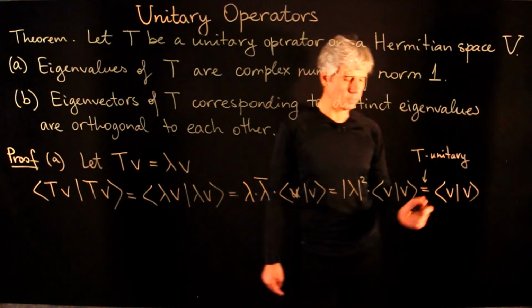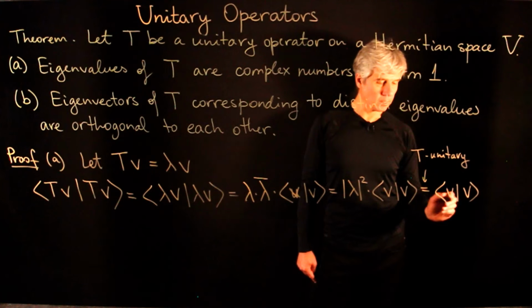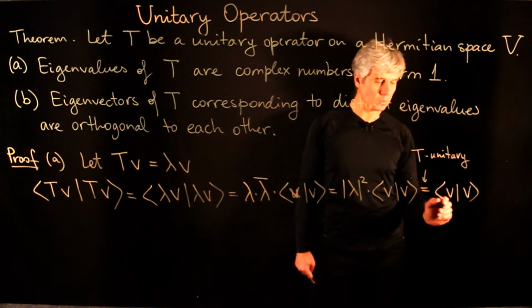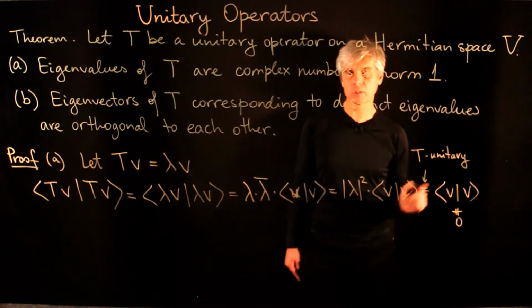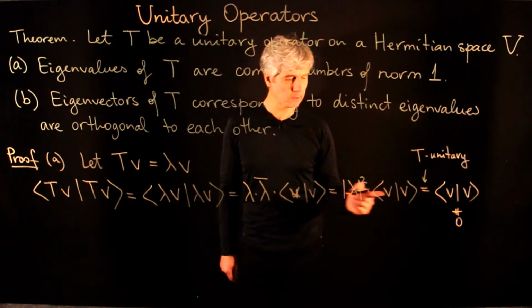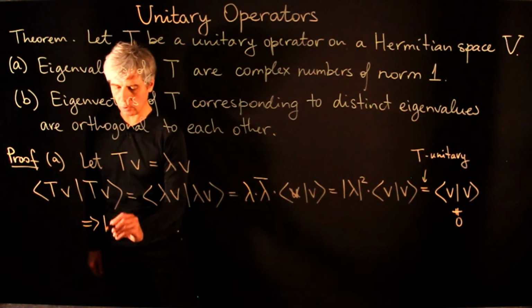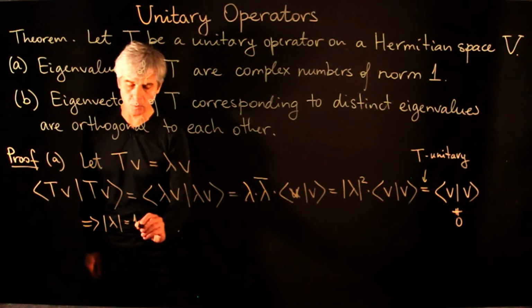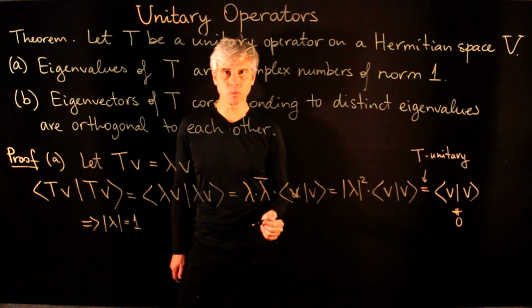So (Tv, Tv) is equal to (v, v). We also note that if v is non-zero, then the scalar product of a vector with itself is non-zero, because it's real positive. Then this equality implies that the norm of lambda is equal to 1. So this factor must be equal to 1.